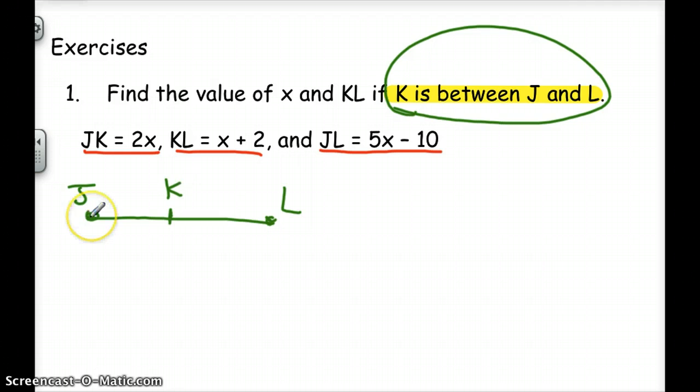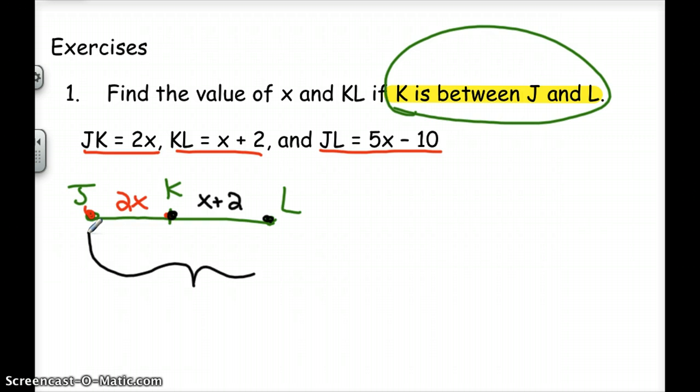So I have my JK, which is 2x. I have my KL, which is x plus 2. And then my whole entire line, which is J all the way to L, so I'm going to use a big bracket there, and I'm going to write 5x minus 10. And I'm going to use my segment addition postulate here.